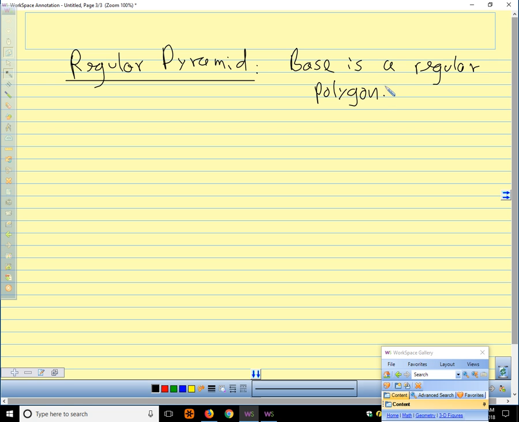So our base would be a square, an equilateral triangle, a regular hexagon, a regular pentagon. So all the sides are the same. And the lateral area, when we talk about the lateral area, is the area of the sides.